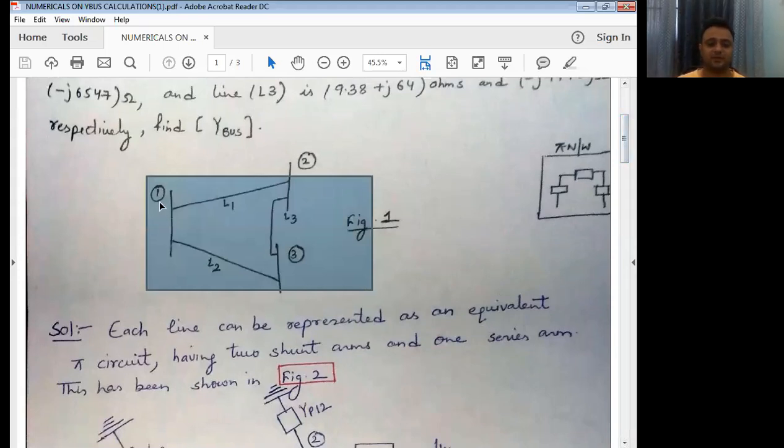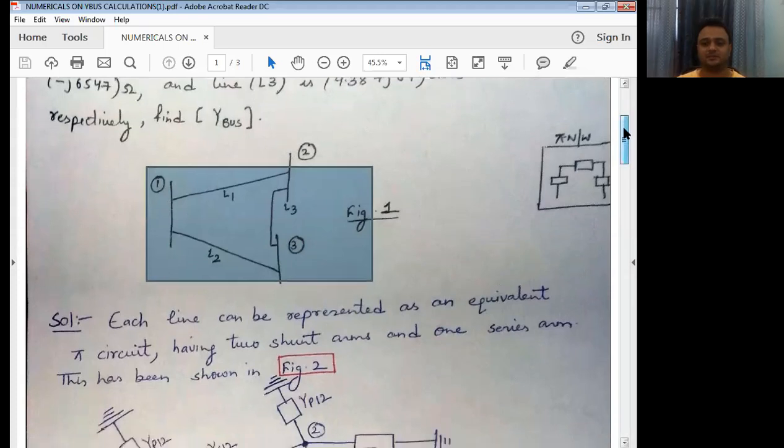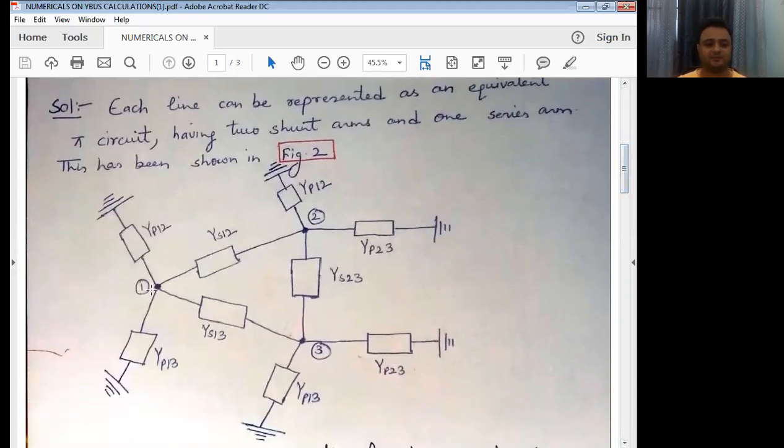You have to remember point 1, point 2, point 3. Just draw this point 1, point 2, point 3. These will represent the number of buses in the network. There are 3 buses, so you have to select at first 3 nodes.